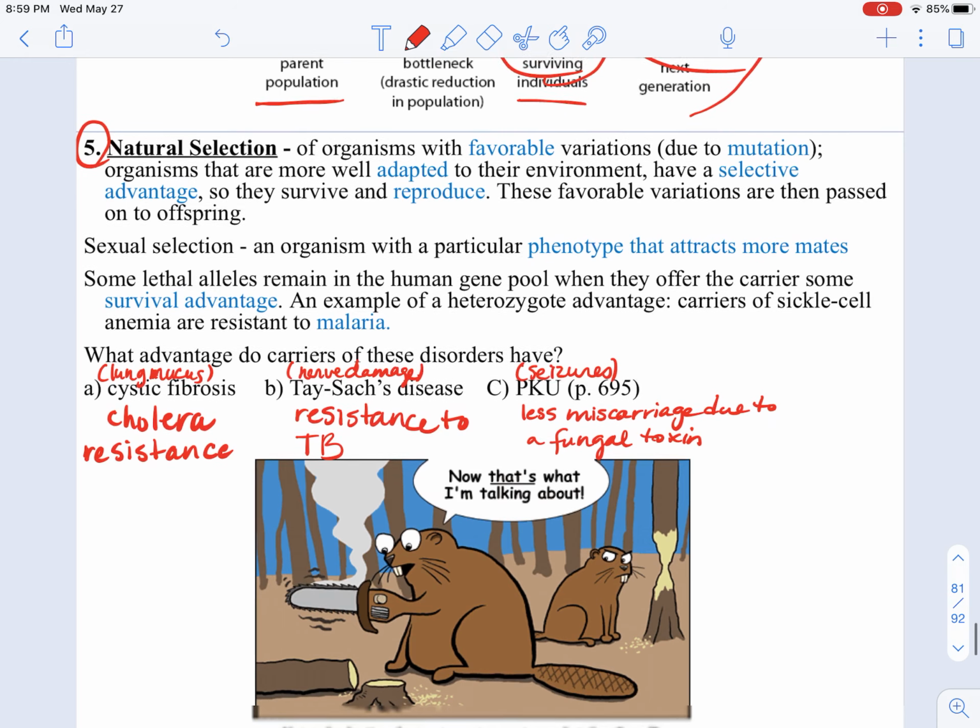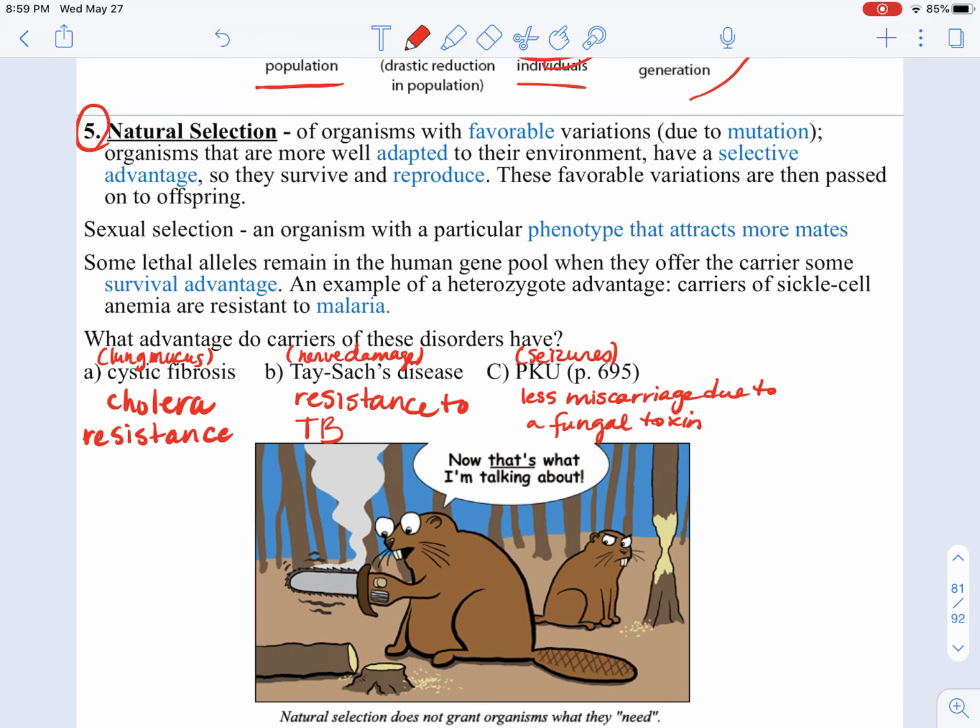Okay, the last kind of agent of change is familiar to you from Bio 20, that's natural selection. Basically, if there are favorable variations that allow them to adapt to their environment and give them some selective advantage, then those are the organisms that will live to reproduce and give those traits to their offspring.